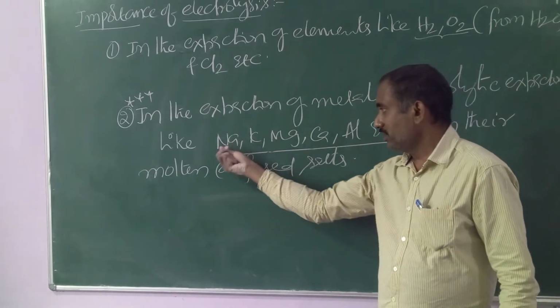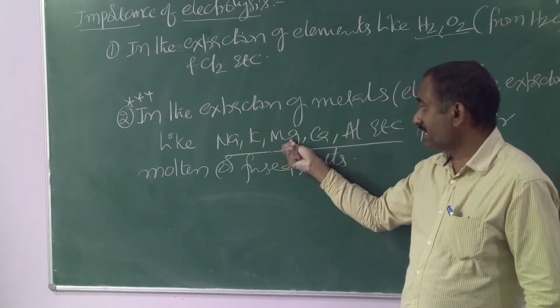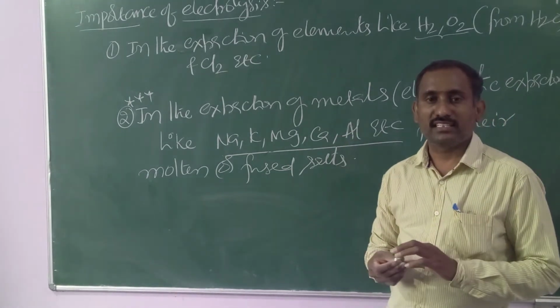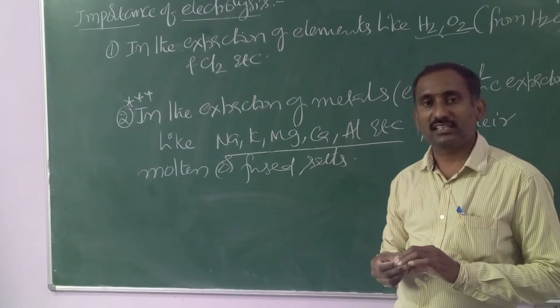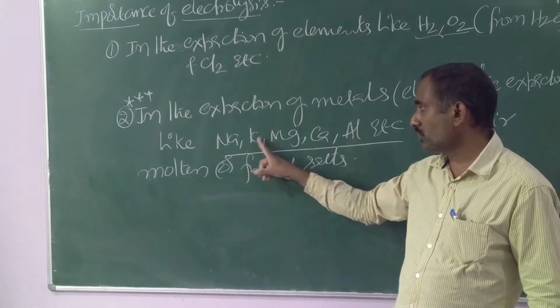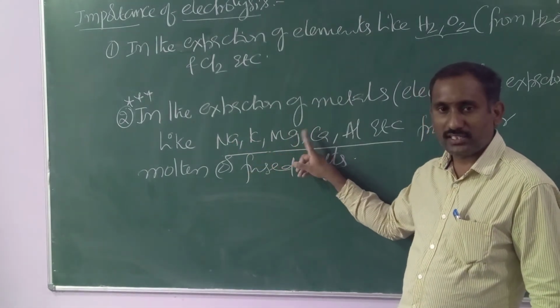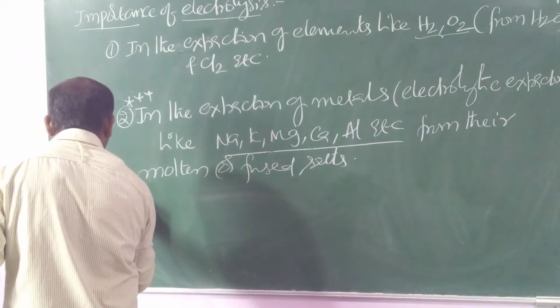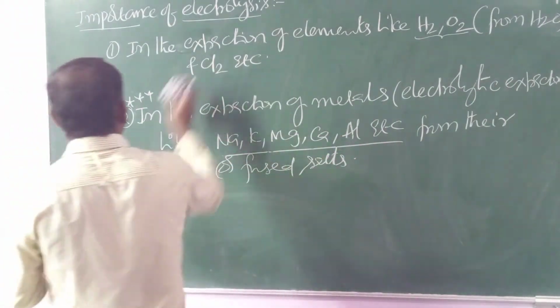Just remember first group, second group and third group metals. First group: sodium, potassium. Second group: magnesium, calcium. Third group: aluminium.